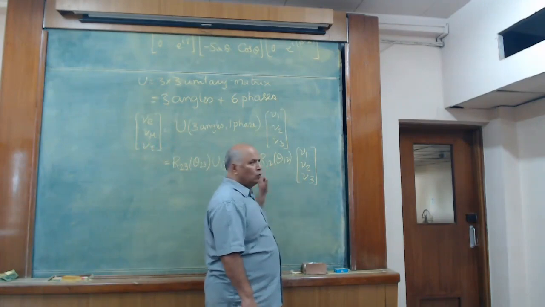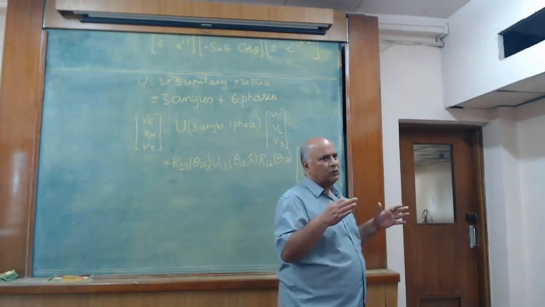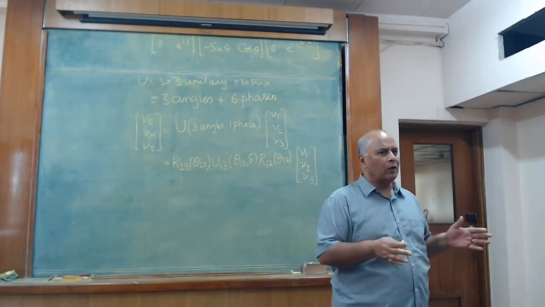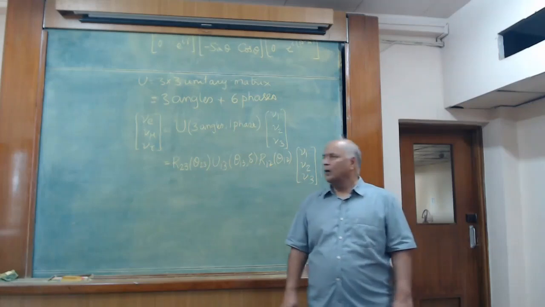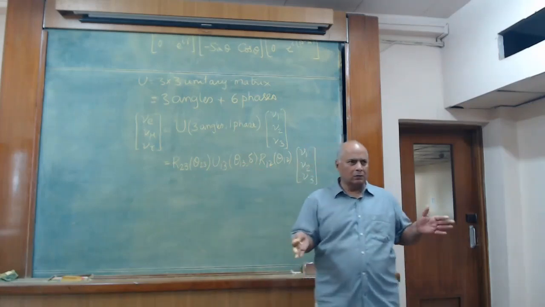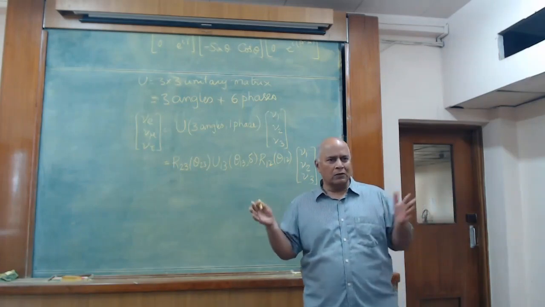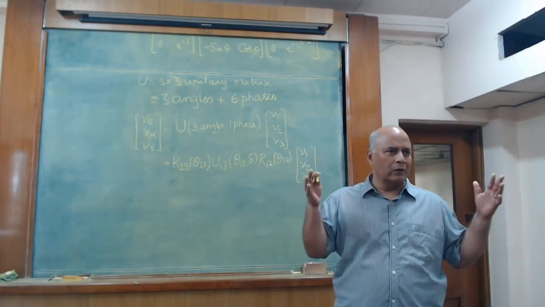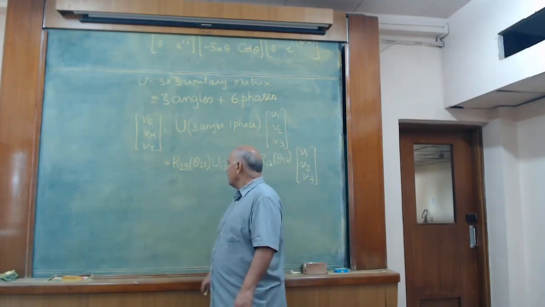So this 1, 2 means the rotation is confined to first, second row, first, second column; third row and third column are trivial. 1, 3 means rotation is confined to first and third rows and columns; second row and second column are trivial, and similarly here.